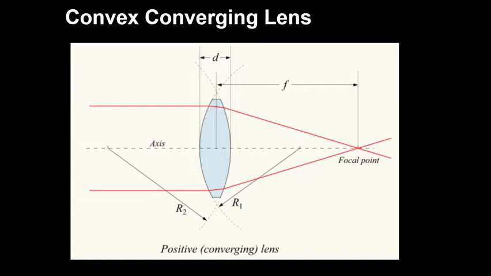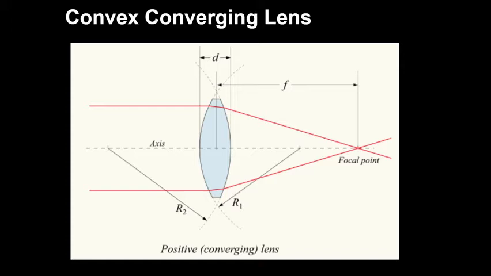So the diagram you see on the screen illustrates a convex lens, and convex describes the shape of the lens, and it's the shape of the lens that determines how light will bend as it moves through the medium.